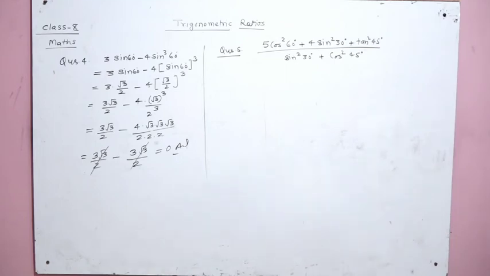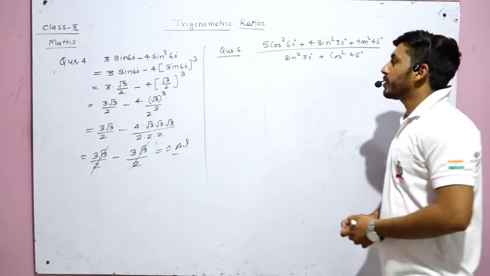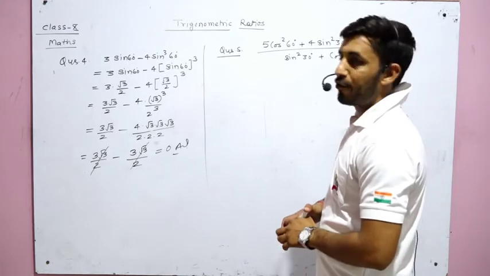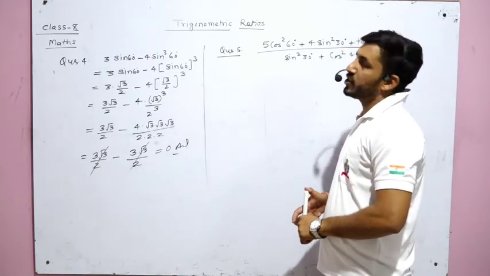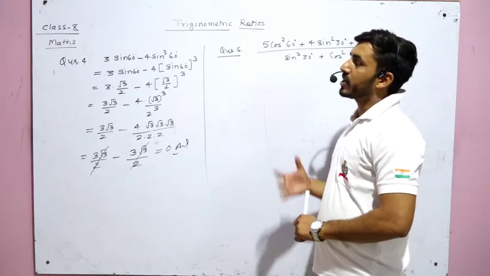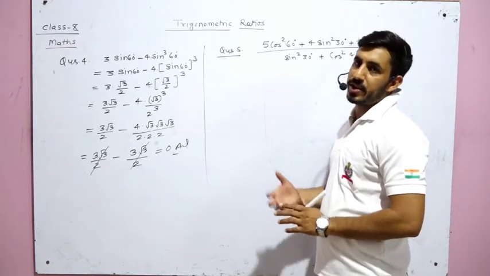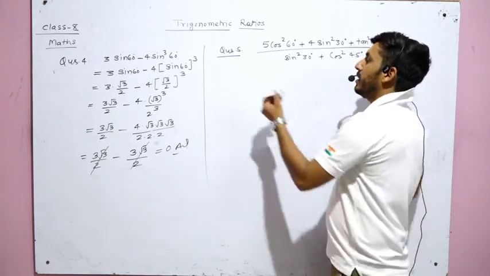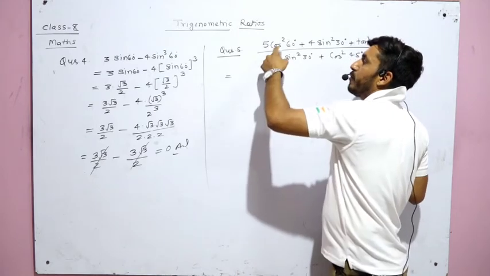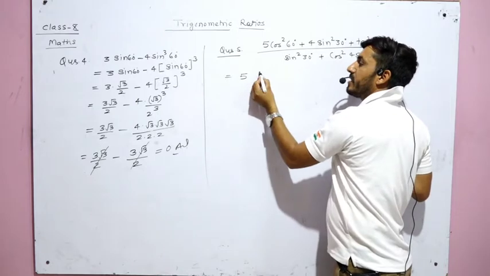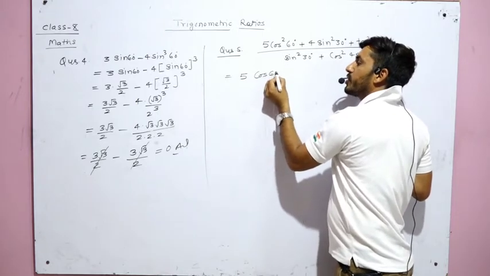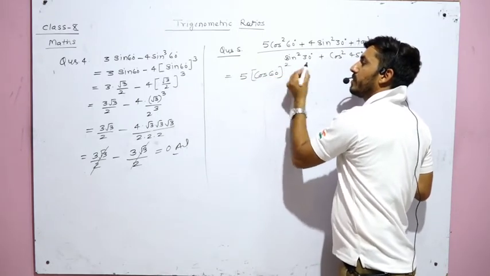All the trigonometric ratios values, we have the table and we can take the value of every trigonometric ratio from the table. Then to find the value of cos 60, first we have to simplify this term. We can write this term as the square of cos 60.